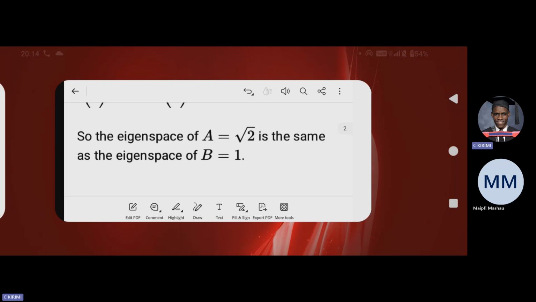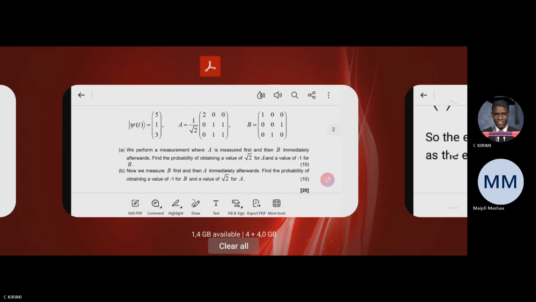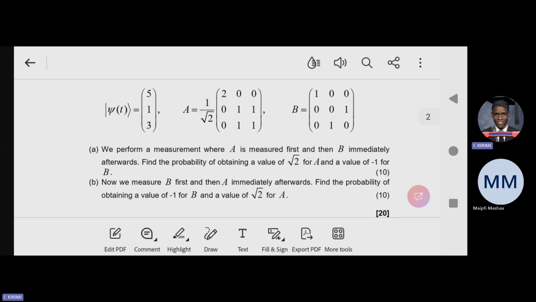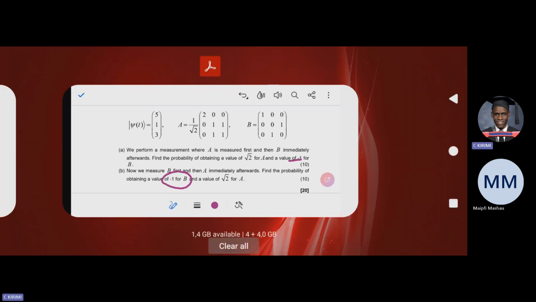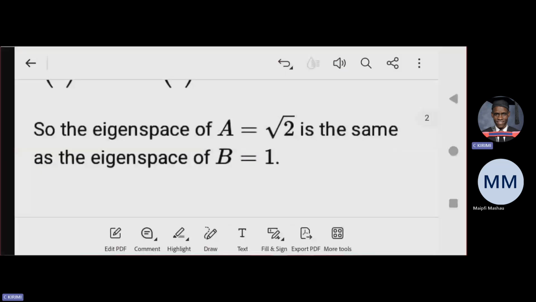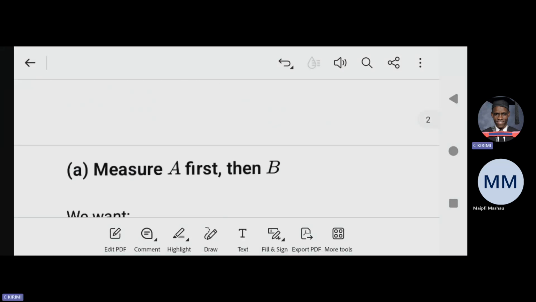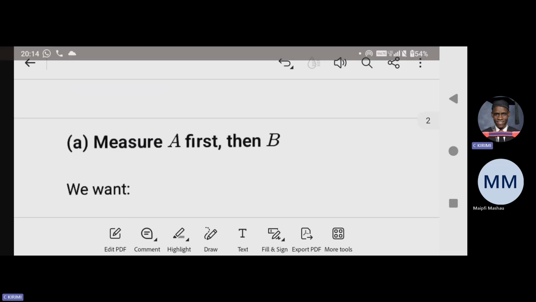But in our question here, we were told that the value of B has to be equal to -1. So we measure A, then B. First we are measuring A, then B.